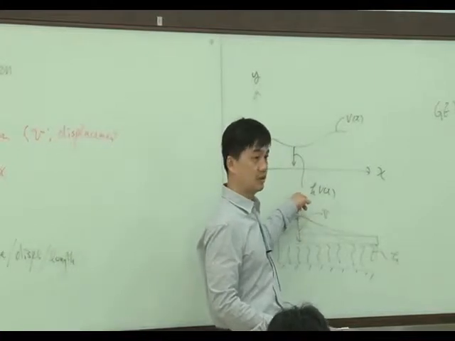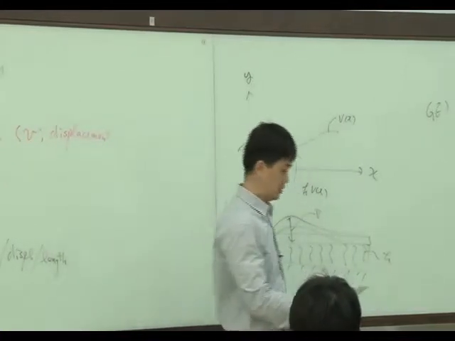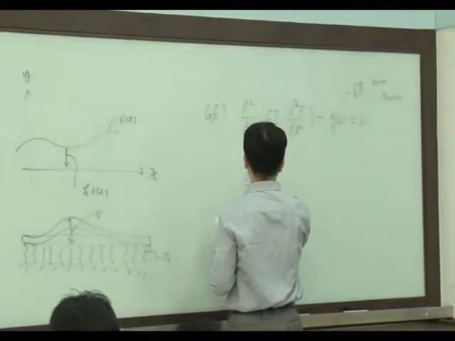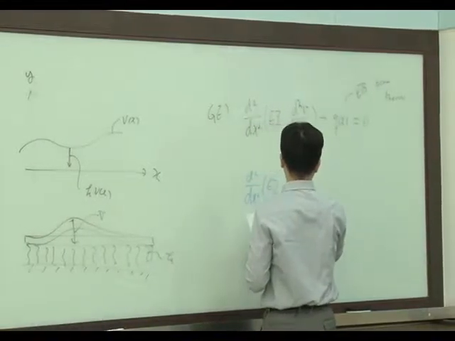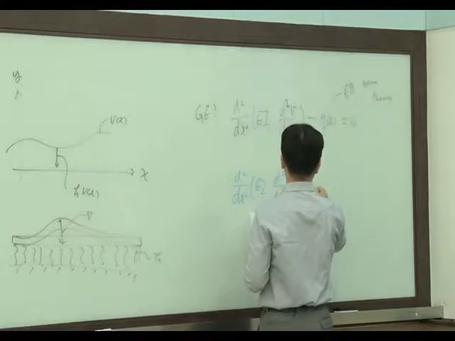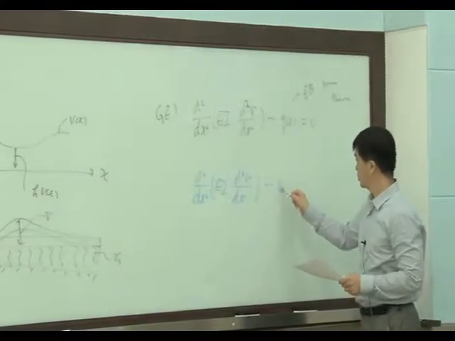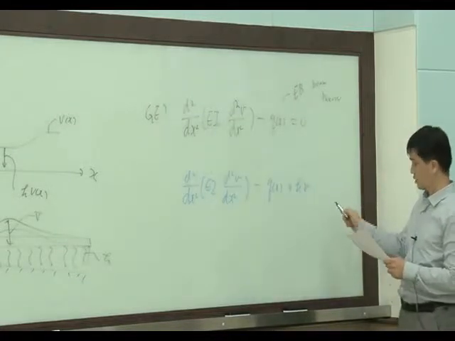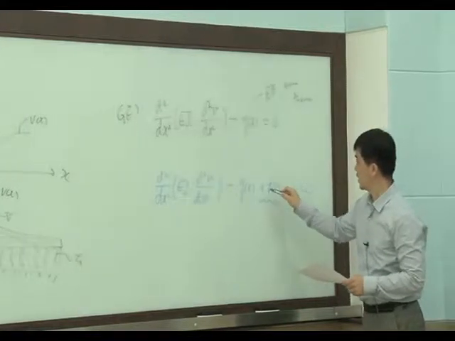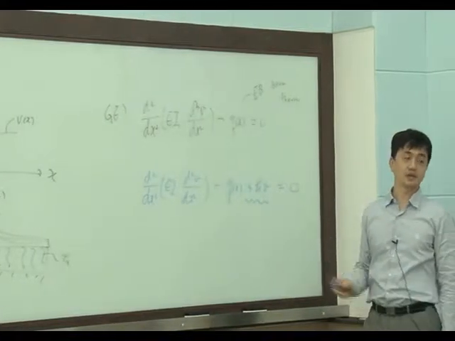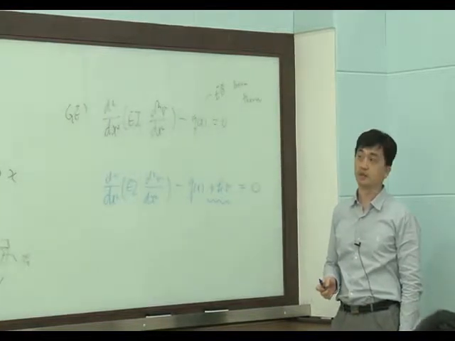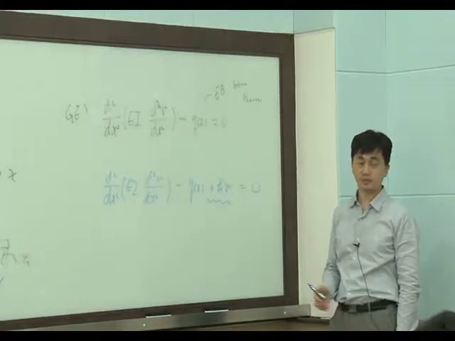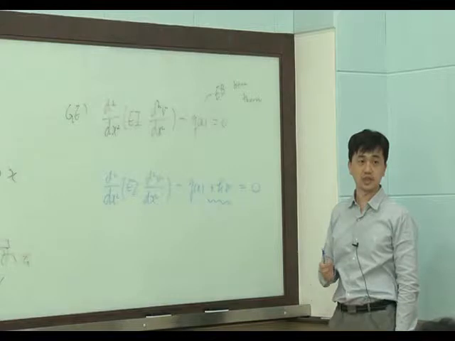The direction is the minus y direction, right? So here, EI d^4 v over dx^4 minus q, here we have q and plus K v equals 0. So we only add one term in the original beam equation to give the governing equation for beam on elastic foundation. So the governing equation is changed a little bit.